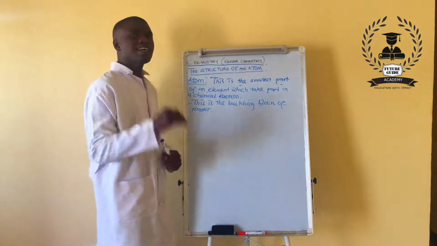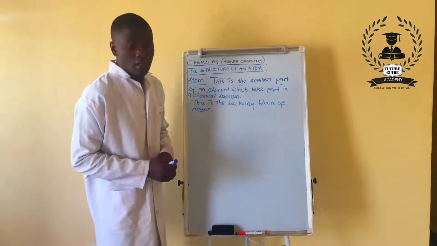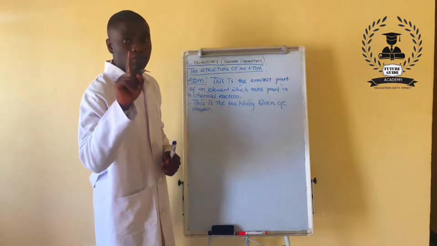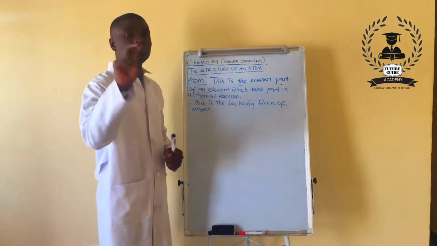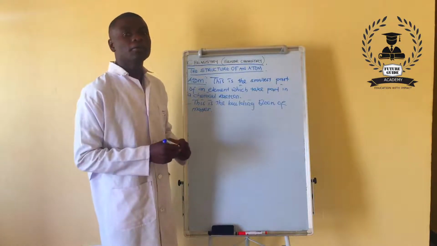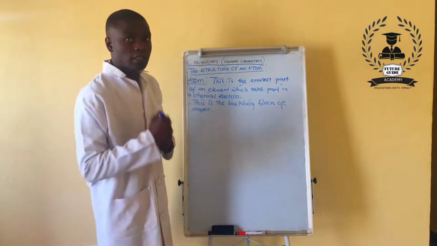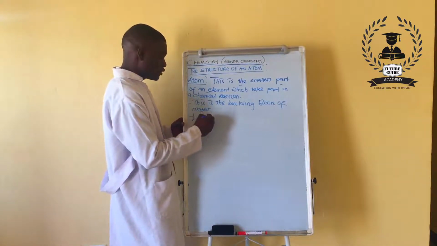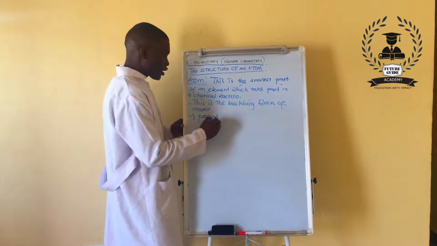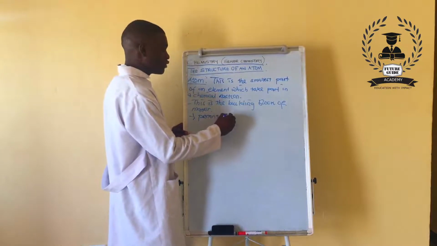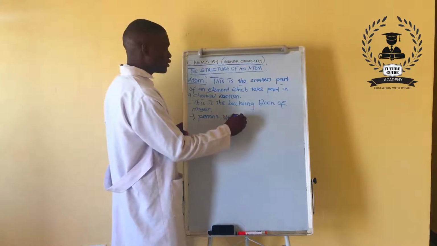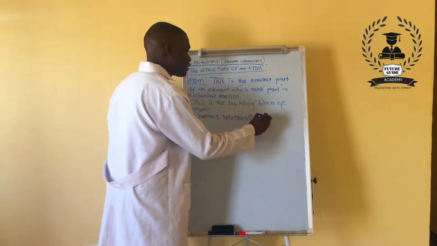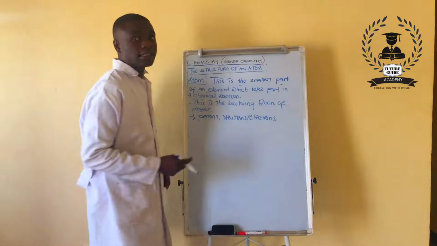Now we want to see what makes up an atom. An atom is made up of three parts: 1, protons, 2, neutrons, and the last one, electrons.